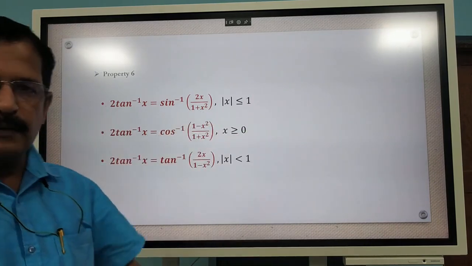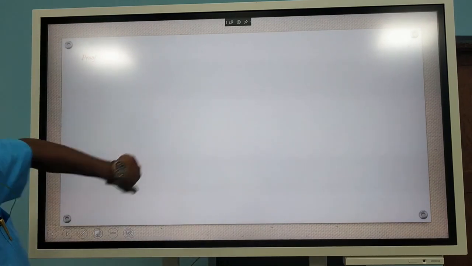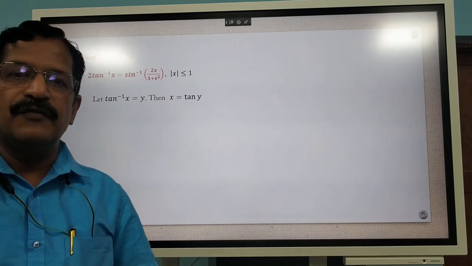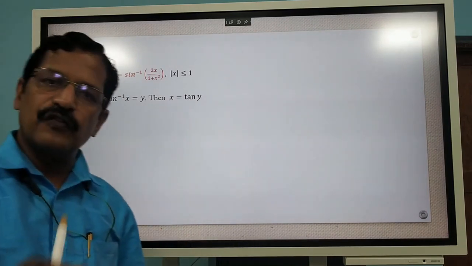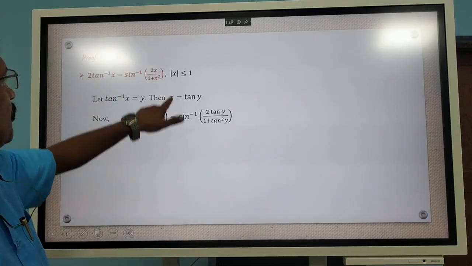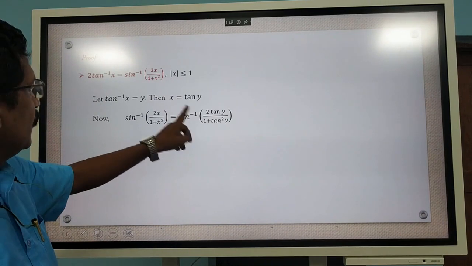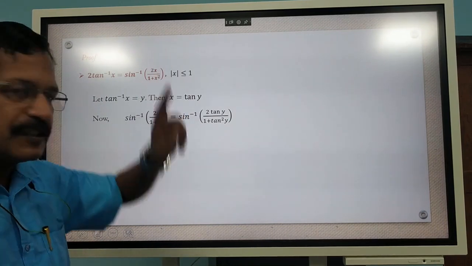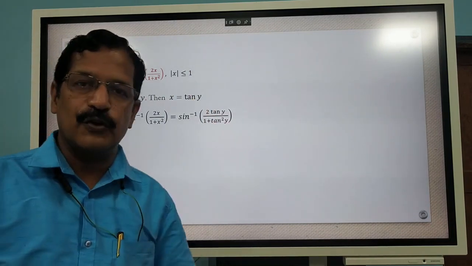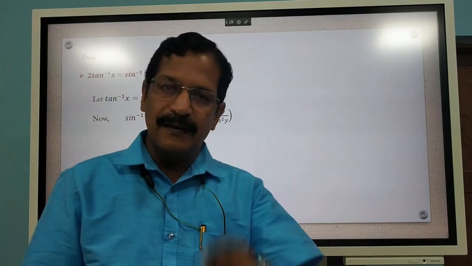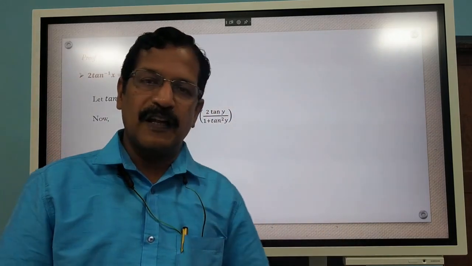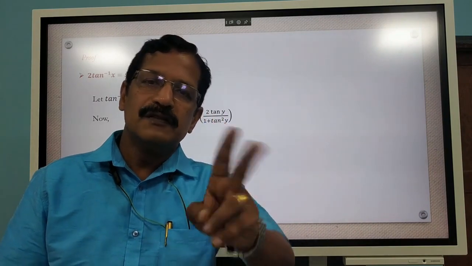We shall prove the first one. Let tan inverse of x be equal to y. So what about x? X is equal to tan y. Now, sin inverse of 2x by 1 plus x square equals sin inverse of, instead of x I can substitute tan y, so it is sin inverse of 2 tan y by 1 plus tan square y. Now in class 11 we have studied that 2 tan y by 1 plus tan square y is nothing but sin 2y.